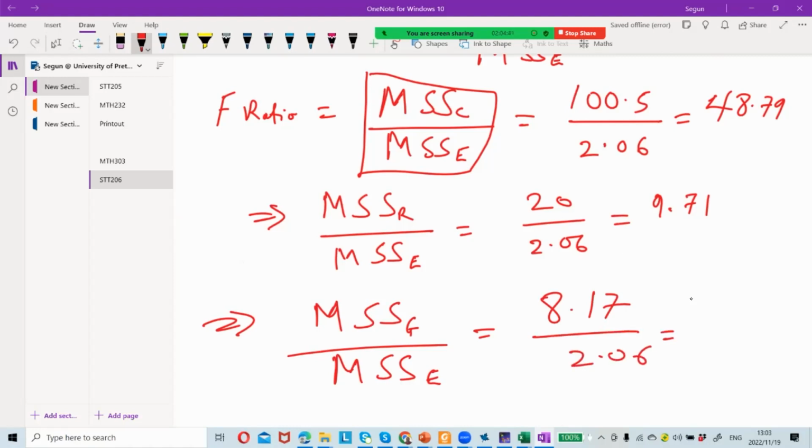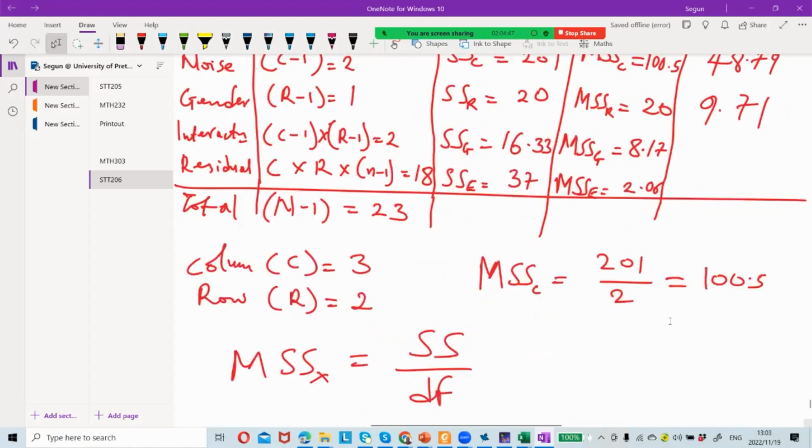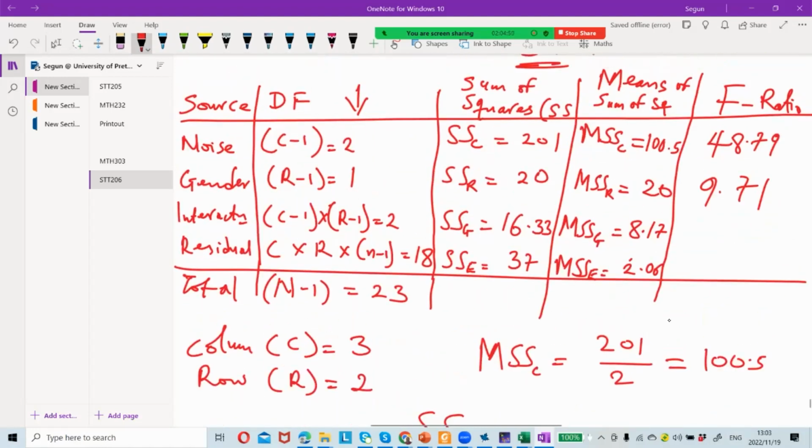The answer is 3.97. So you put it there. You have nothing to do with this one again, because if you divide this one by itself, it's still 1. That's where you stop for the F ratio.